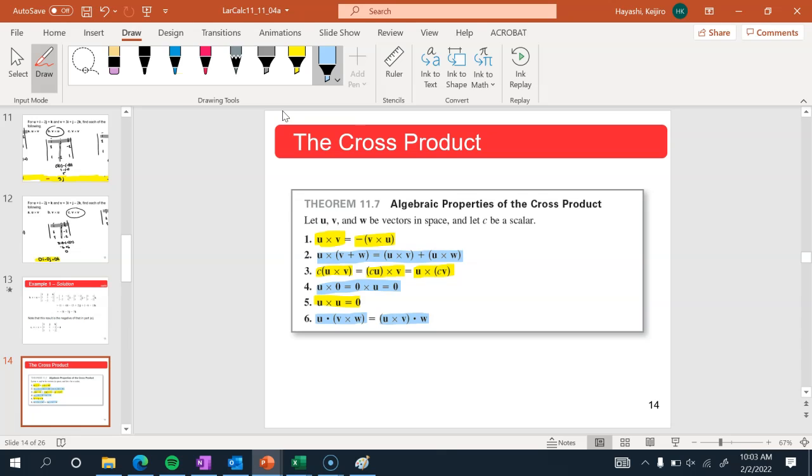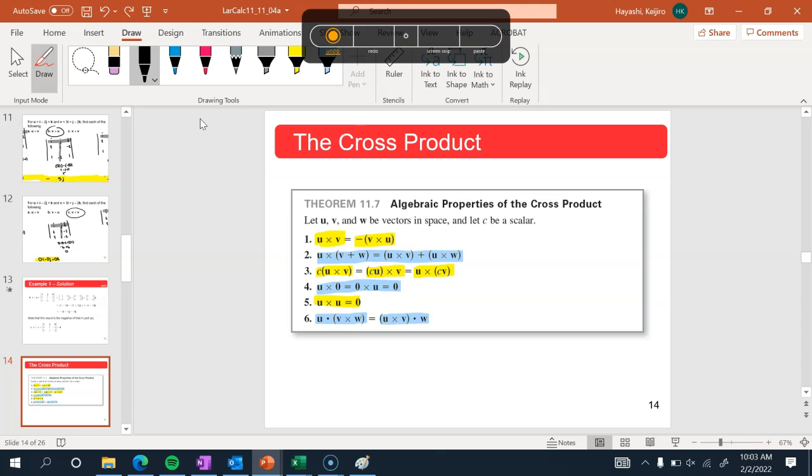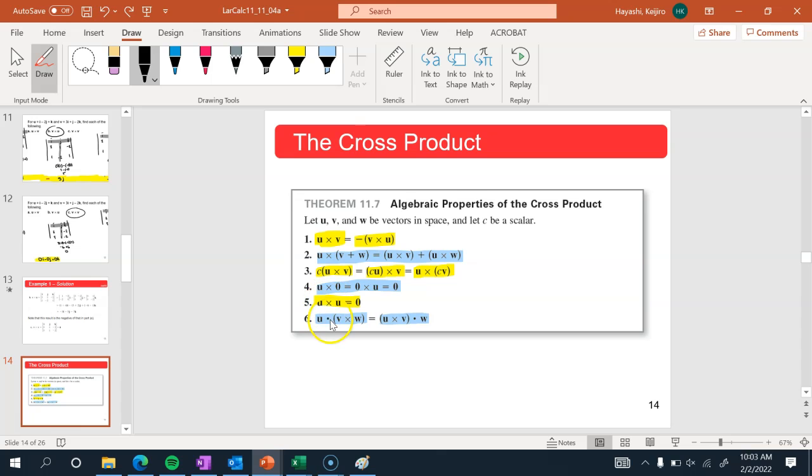So if you were, for example, to try to dot these two first, you'd get a scalar, and you can't cross a scalar with a vector. So you have to do the cross product first. But it doesn't matter whether it's u cross v or v cross w, and then you just dot it with whatever is remaining, and they'll be equal. Okay. And we'll talk a little bit more about what this is later.